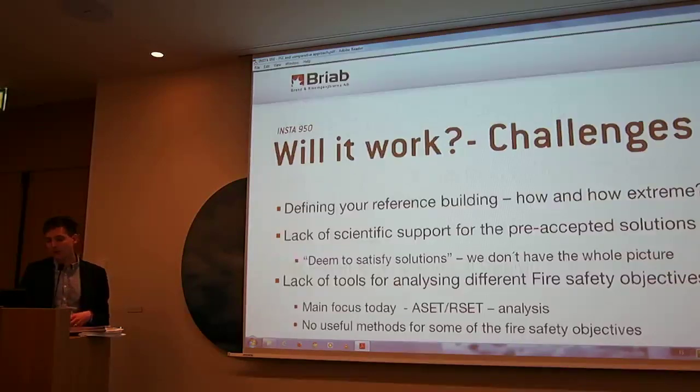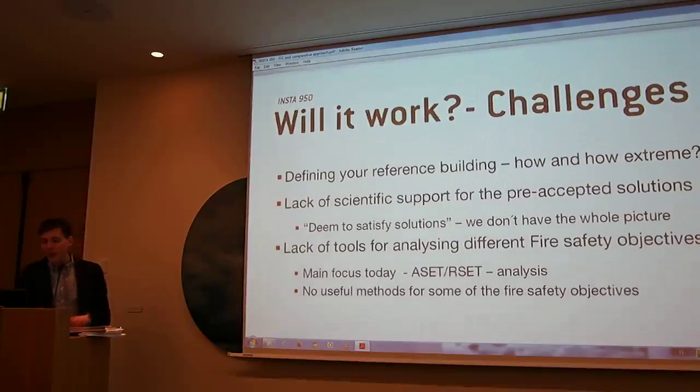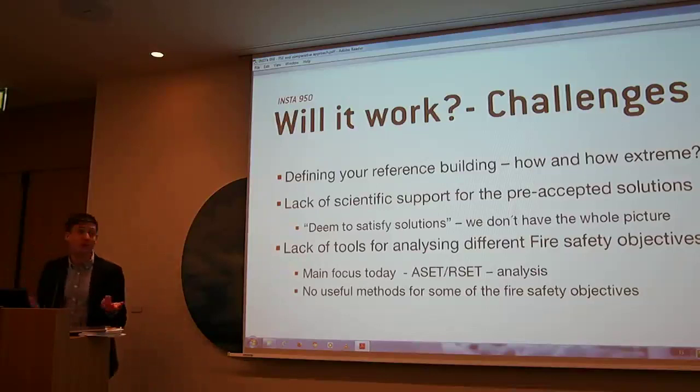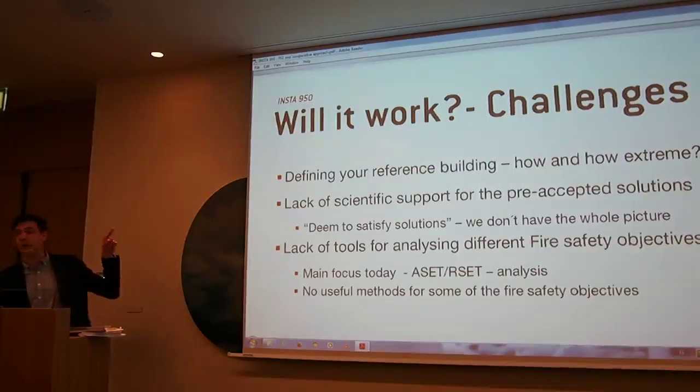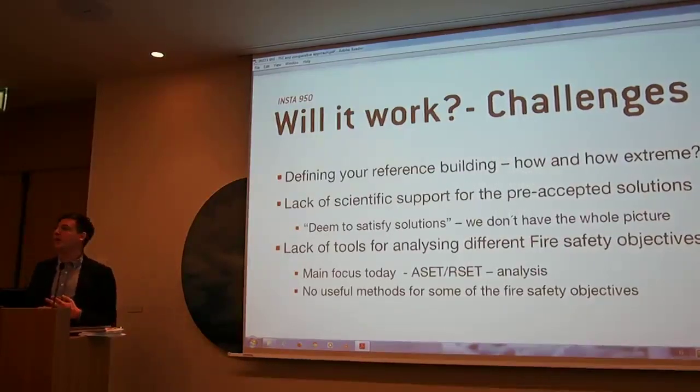But if we go back, will it work then in practice? Will it be a good technical specification for the consultants, for the building authorities, or for the local authorities? I think so, but there are some challenges that we have to work with. The biggest one, I think, is how I should define my reference building. Is it okay that I have a 3-story building compared to a building with 15 floors?